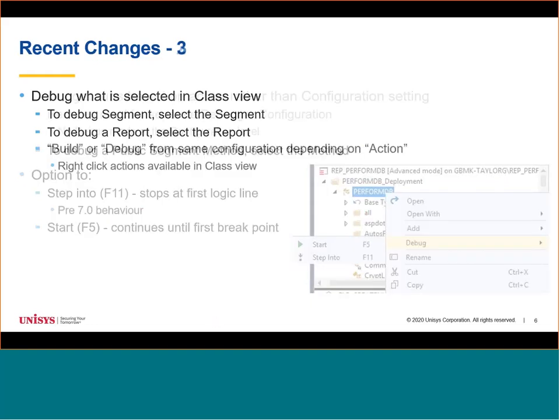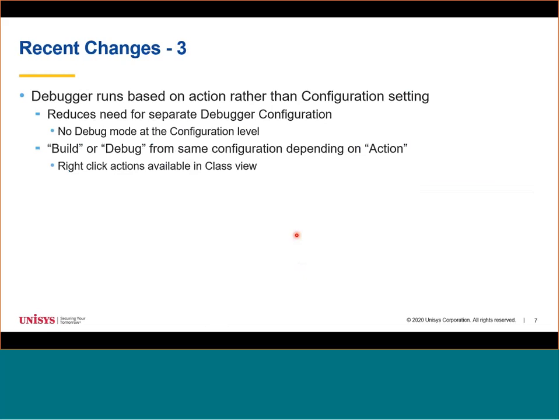The other aspect of this change is that what that effectively means is that Debugger now runs based upon the action rather than the configuration setting. So in prior versions of Debugger from 7.0, what you would do is you create a configuration, which is, for those coming from EAE, similar to a generate step.